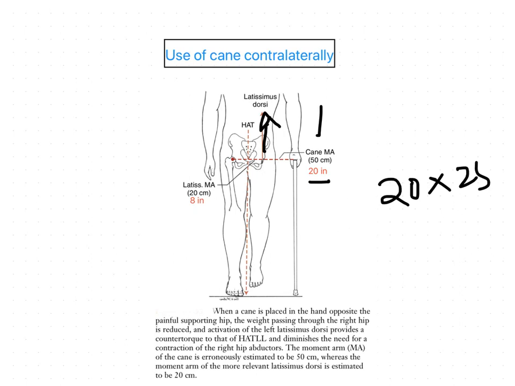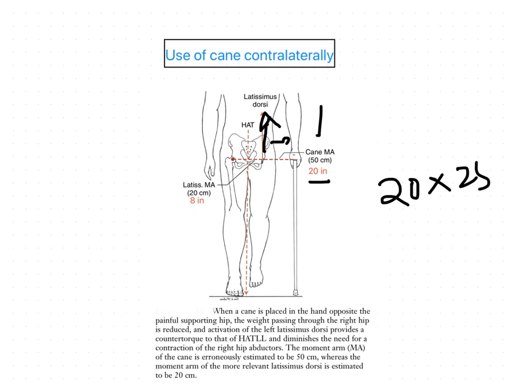Just as in crutch walking, it is logical to assume that the latissimus dorsi is active. Also, if you see the attachment of the latissimus dorsi, it originates from the posterior iliac crest, so it would create an upward pull on the crest on the side of the cane. Such a movement is the downward thrust caused by the latissimus dorsi.